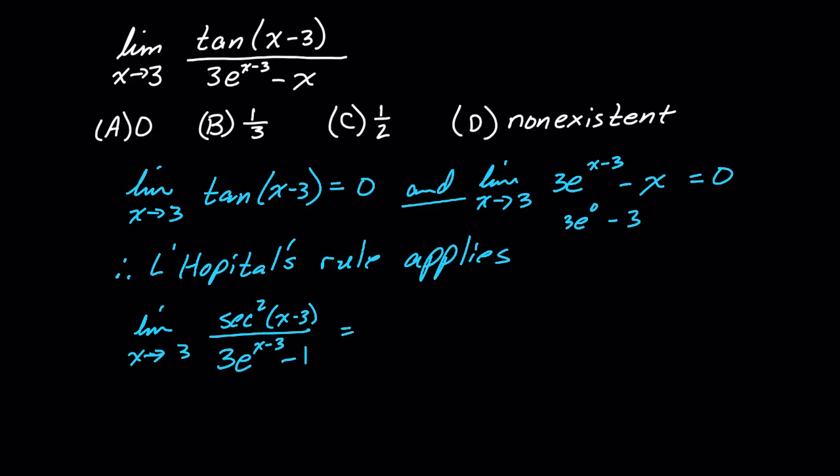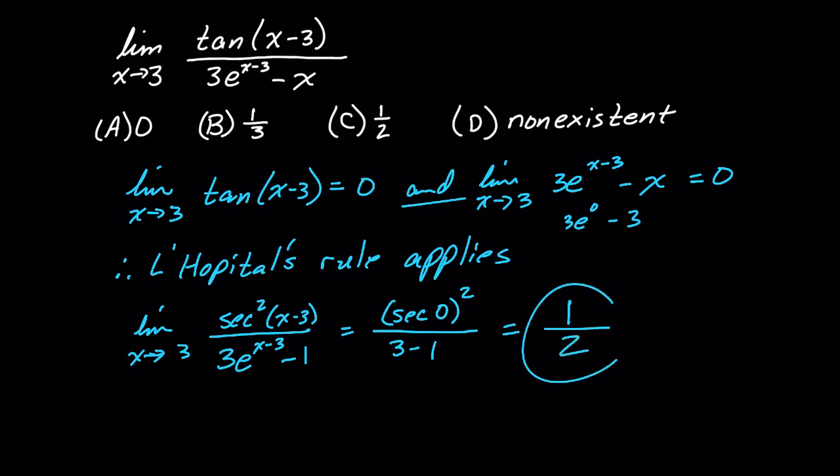All right, so in the numerator, we're going to get secant of 0 squared over 3e to the 0, which is 3, minus 1. Now remember, secant is 1 over cosine. 1 over cosine of 0 is 1 over 1, which is 1. And 1 squared is 1. 3 minus 1 is 2. So that gives us 1/2 as our limit.